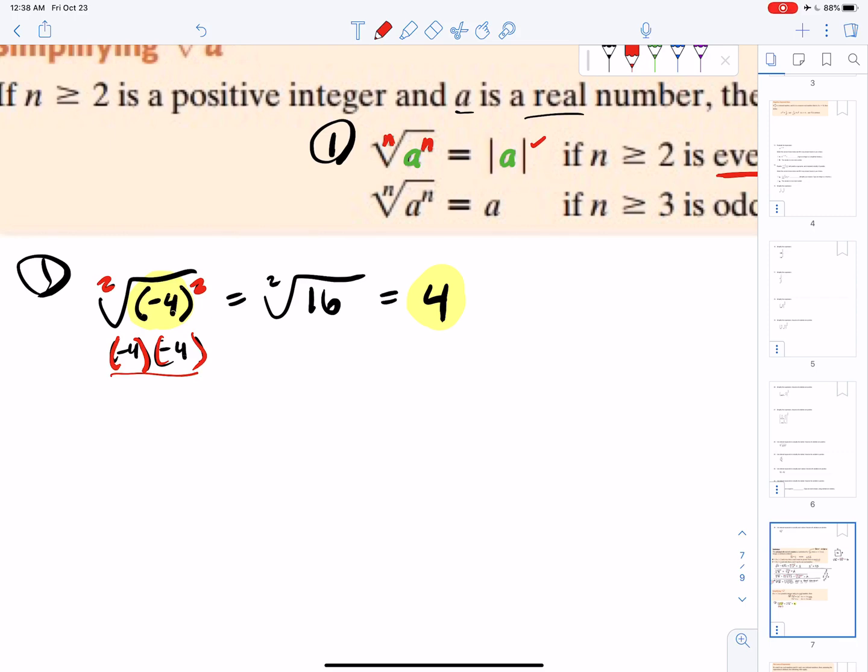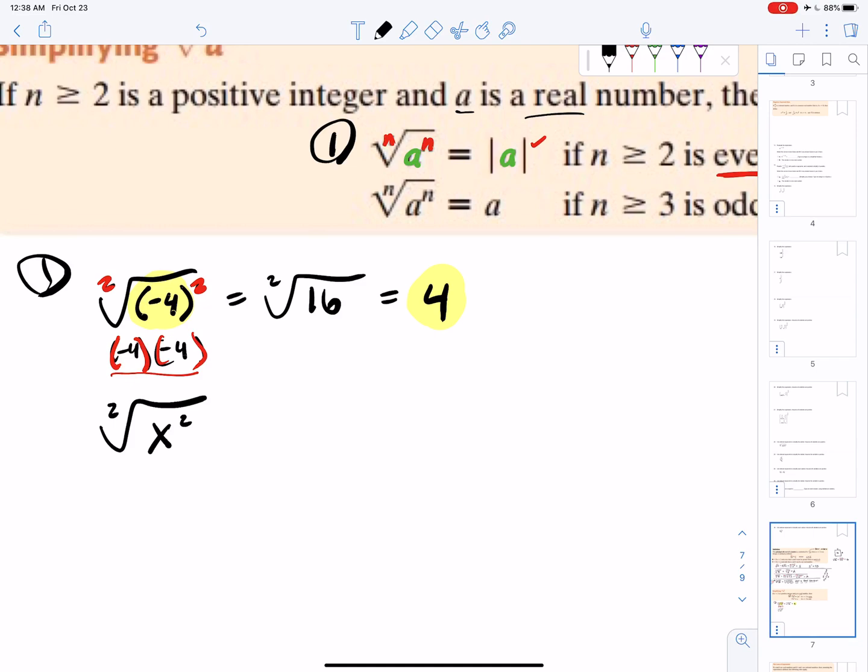But if you have a variable here, let's do the same problem, but instead of a negative number, I'm just going to have x squared. Now the problem with x squared is I don't know if x is positive or negative, so I have to be sure.